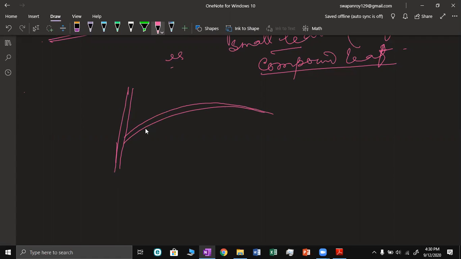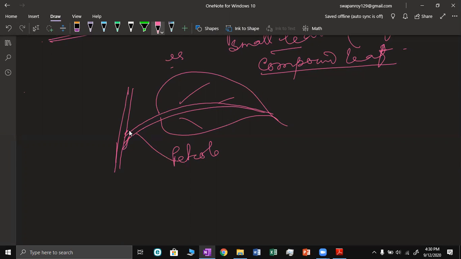Say this is a leaf, this is the petiole, and this is the leaf base.